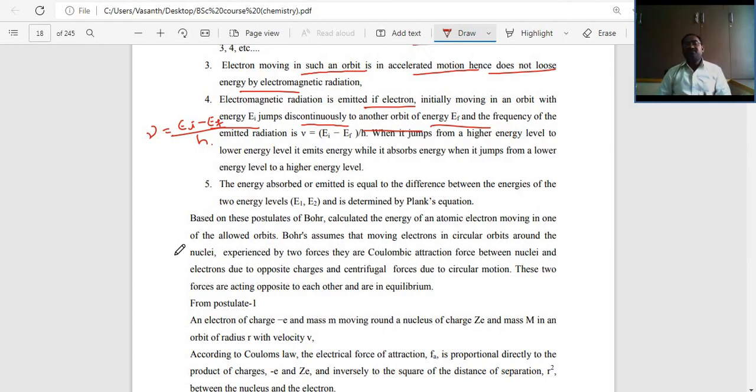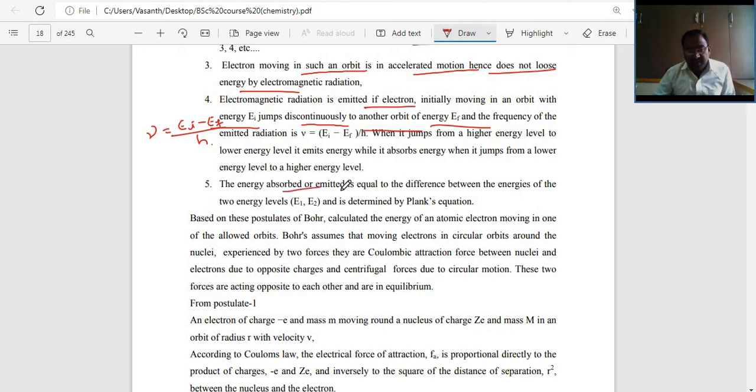When an electron jumps from a higher energy level to a lower energy level, it emits energy, while it absorbs energy when it jumps from a lower energy level to a higher energy level.